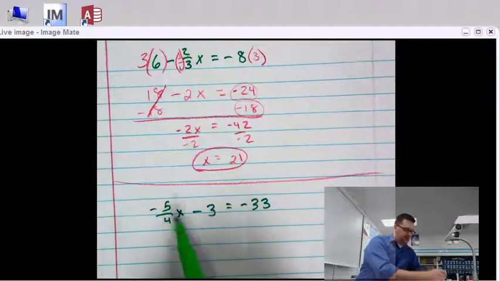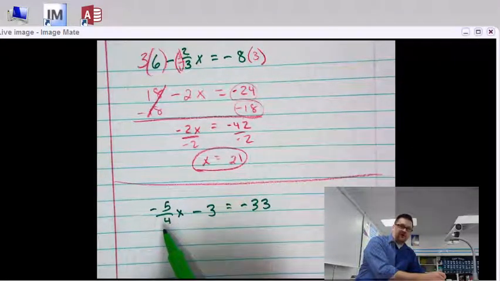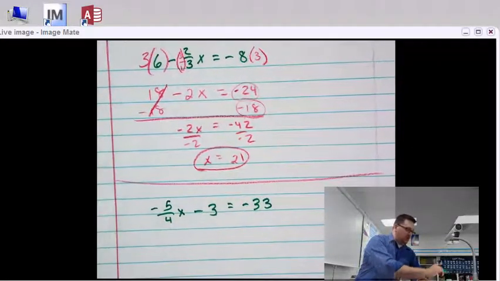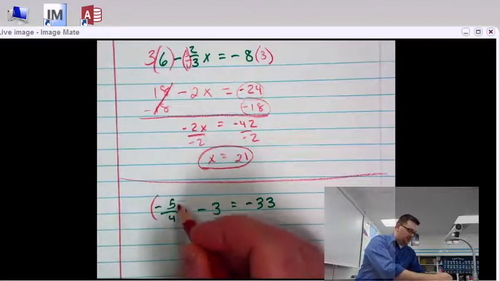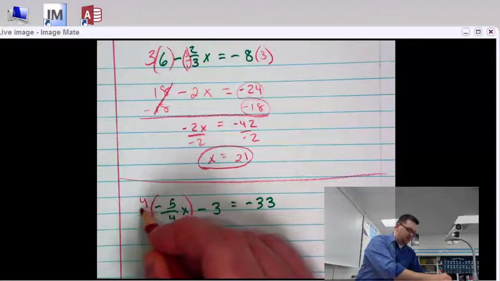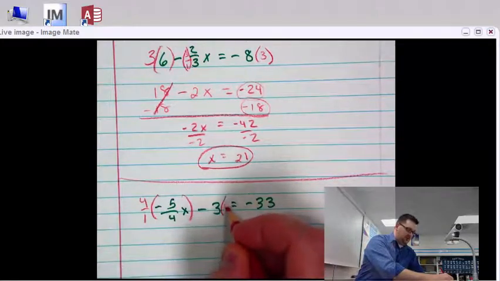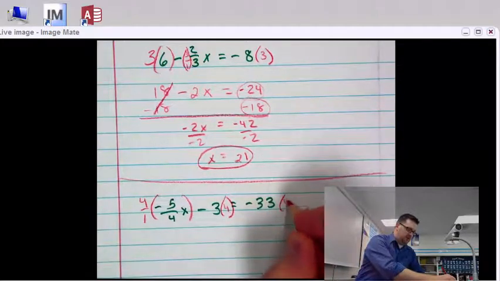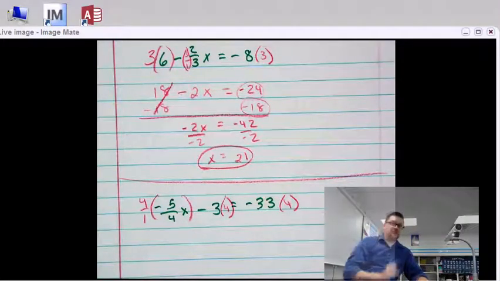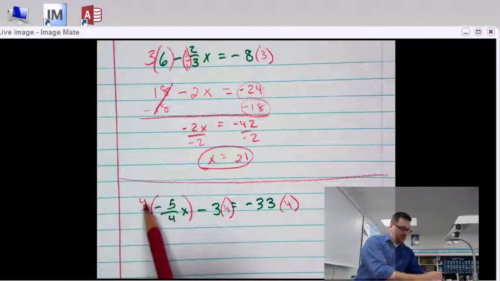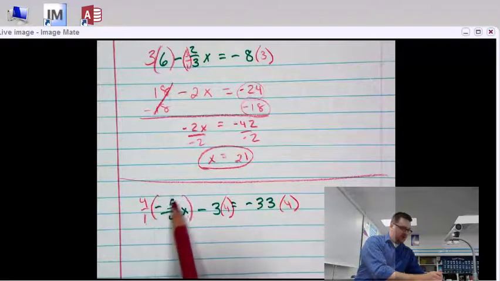I see that this says -5 divided by 4. So I am going to take everything in the equation and do the opposite. I'm going to multiply this by 4 over 1, multiply this by 4, and multiply this by 4. Again, if I do this correctly, I should get rid of the fractions. Use your calculator. What's 4 over 1 times -5/4?